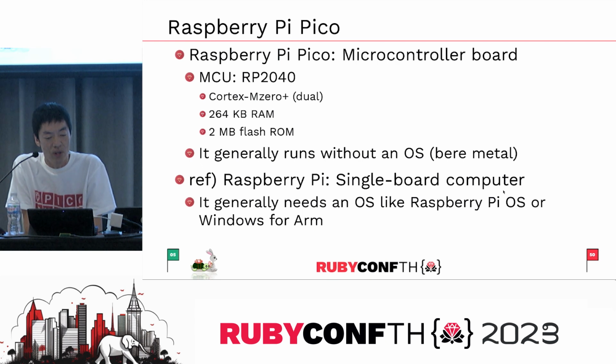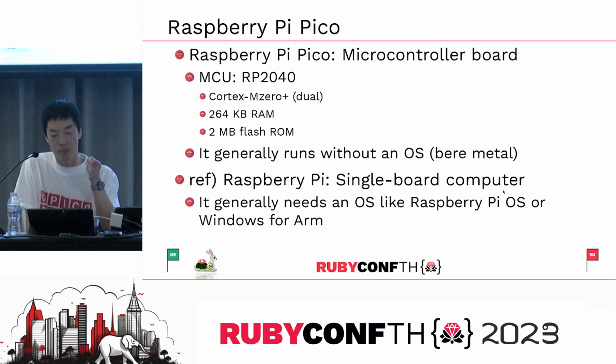It generally runs without an OS, so-called bare metal. On the other hand, today this is out of scope, but the famous Raspberry Pi is a single board computer. Raspberry Pi generally needs an OS like Raspberry Pi OS or Windows for ARM.